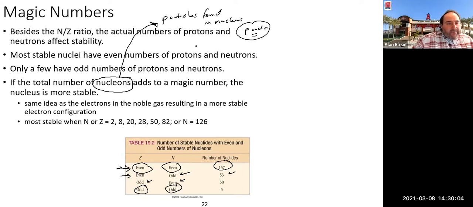And that's like 10, 18, 36, 54, and so forth for our noble gas configuration. So the most common is the neutron to proton ratio. Next most common is looking at whether we have even or odd numbers in terms of stability. Any questions on stability or how to figure it out?